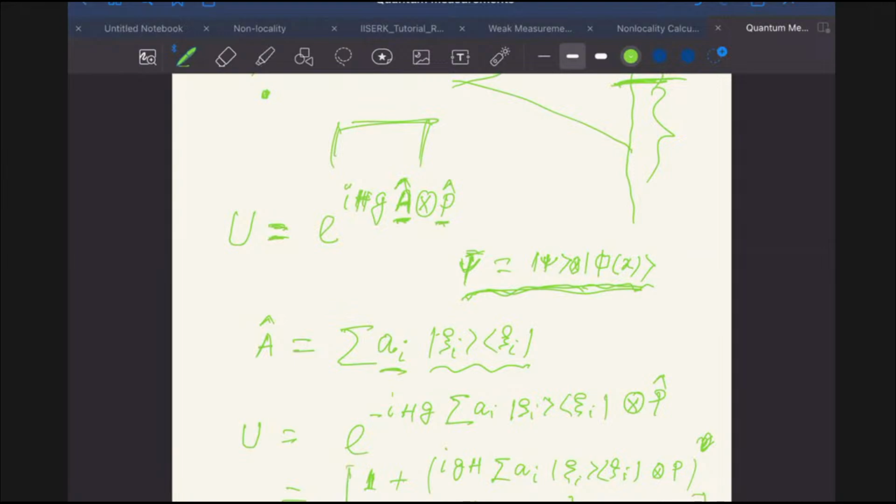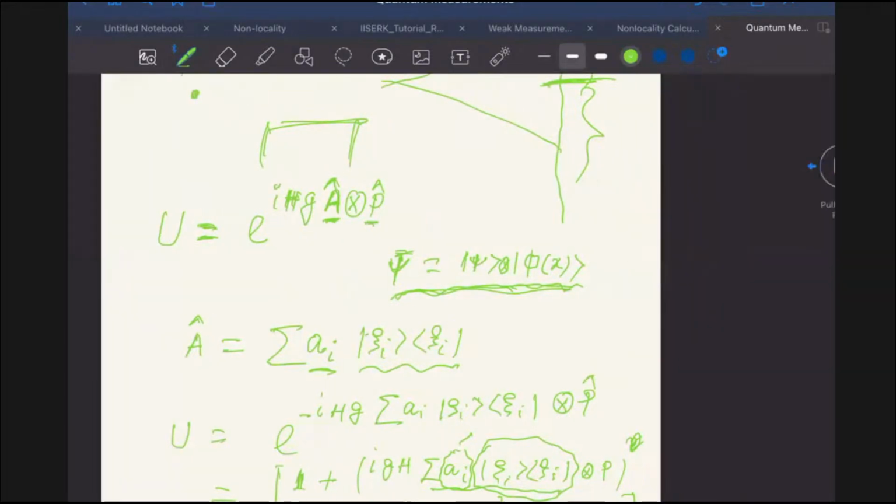As you can see, if I do square or cube of this term, it will return back this one, because this is a pure state projector. So it will return back this term, and this term will have the same power as I am doing. Like I am doing square, so it will be AI square, AI cube, and so on.